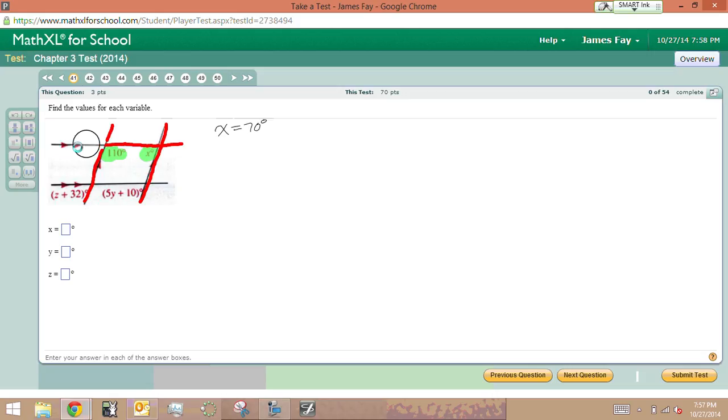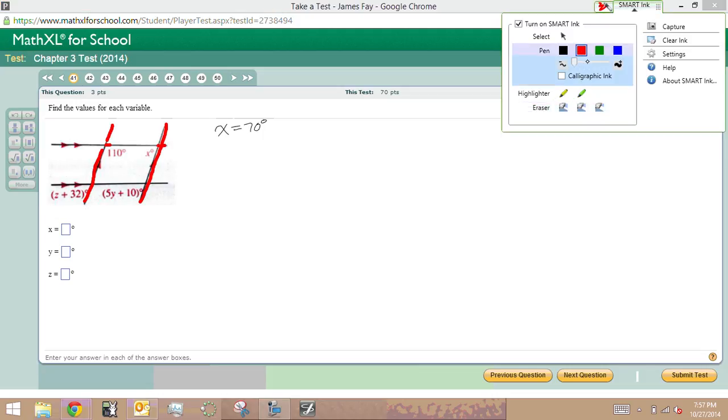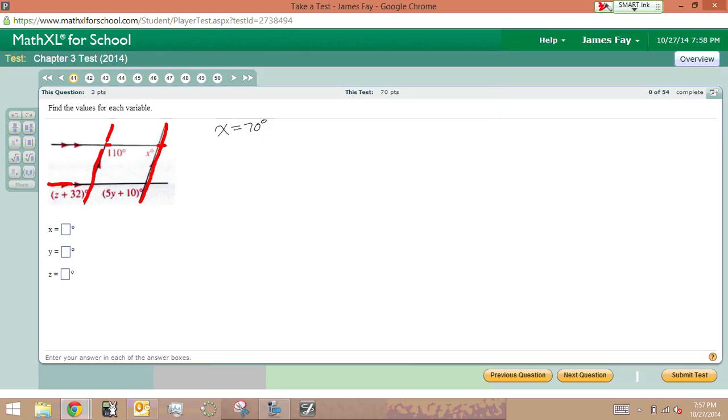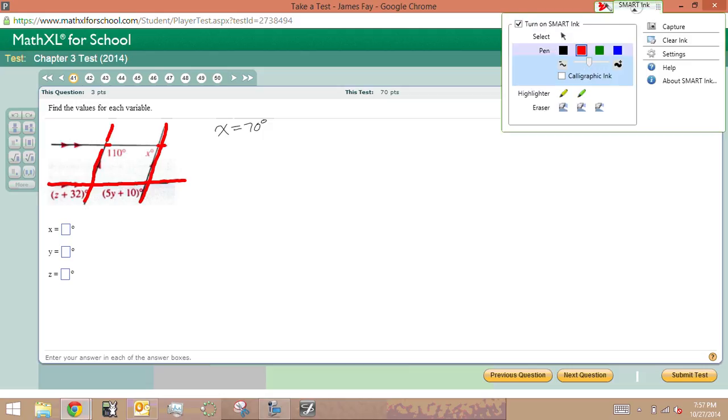Okay. Now, if we look at the exact same parallel lines, but then look at this bottom transversal, that transversal there, and we can look at these two angles.